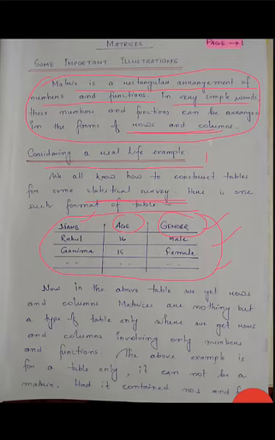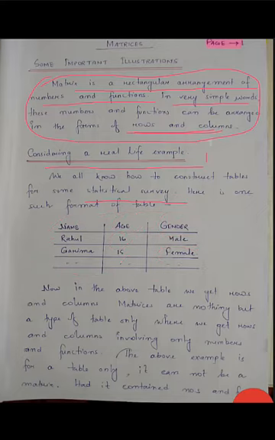Suppose the first person is Rahul, he is 16 years old and he is male, while Garima is 15 years old and she is female. So this kind of information is tabular information, meaning all of it can be arranged in the form of a table.